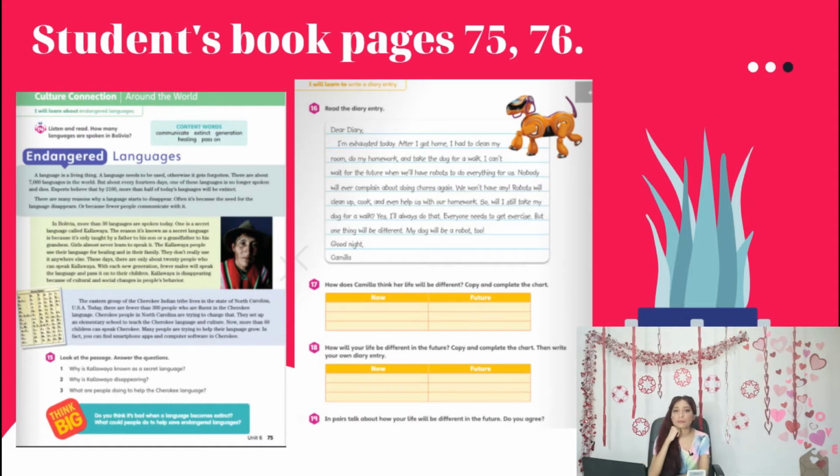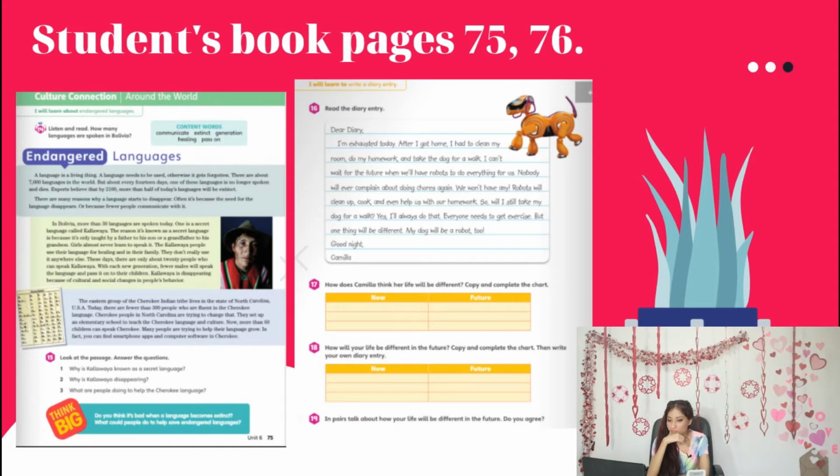In Bolivia, more than 30 languages are spoken today. One is a secret language called Kalawaya. The reason it's known as a secret language is because it's only taught by a father to his son or a grandfather to his grandson. Girls almost never learn to speak it.